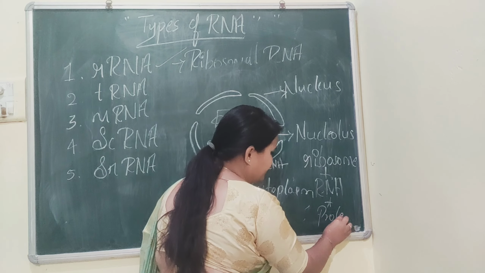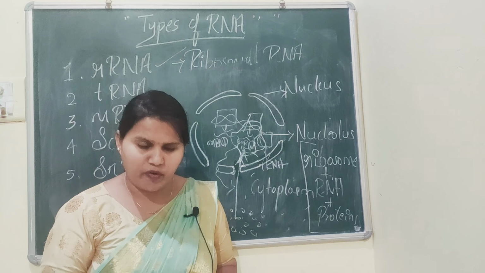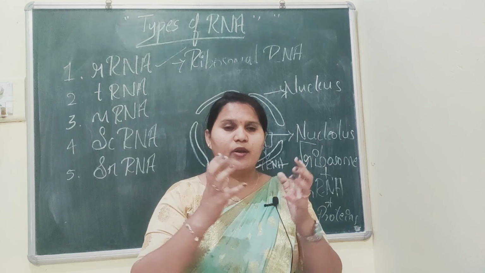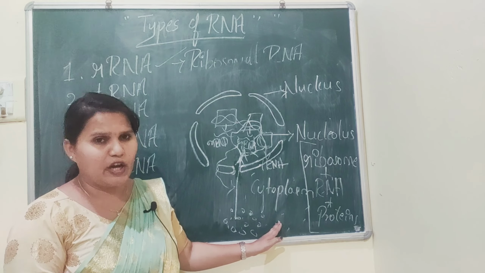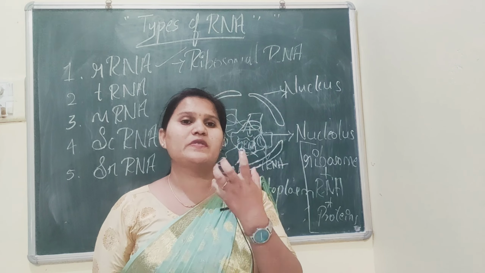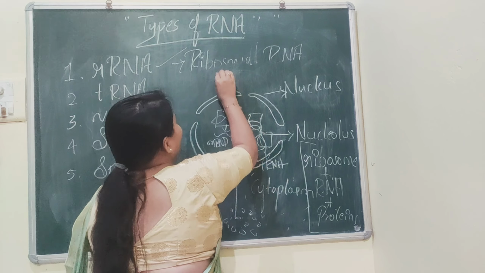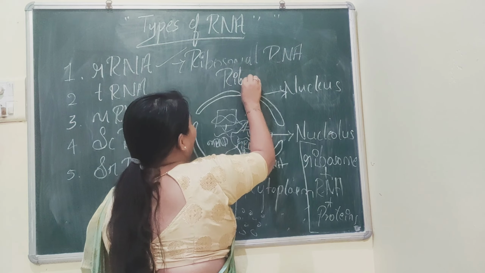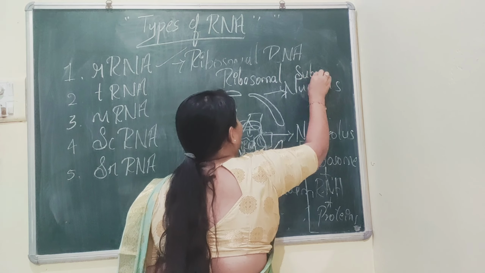Proteins. Yes or no? So these three together will form a unit or a structure and come out to the what? Cytoplasm in the form of a subunit. We call it the ribosomal subunit. What do we call it? Ribosomal subunit.